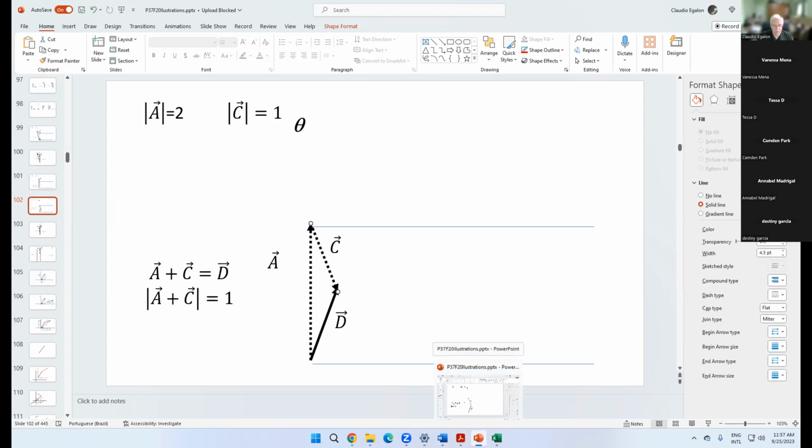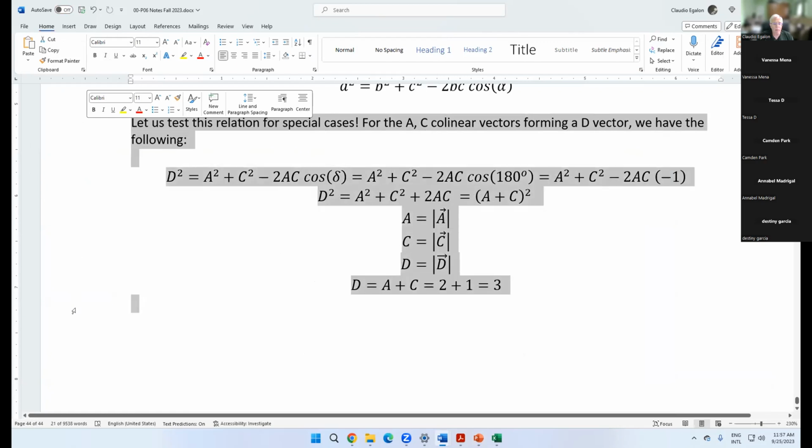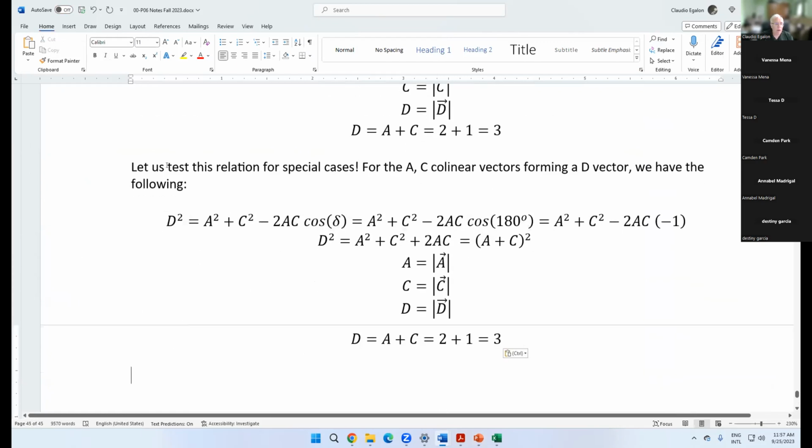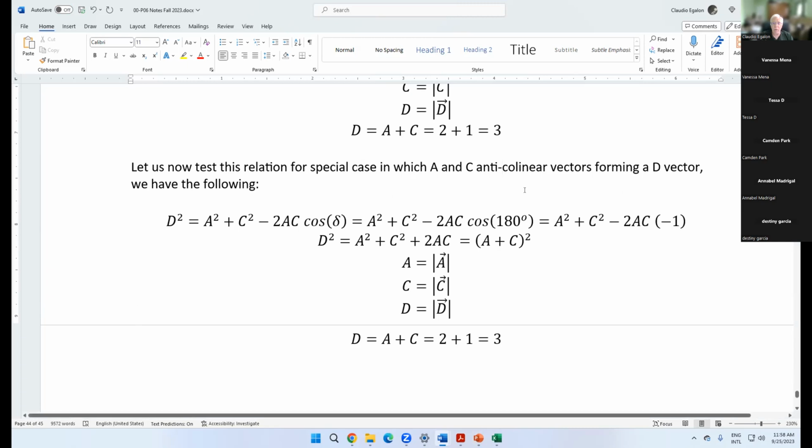What time is that? 11:57. We are testing the other one. Let's now test this relation for the special case in which A and C are anti-collinear vectors forming the vector.